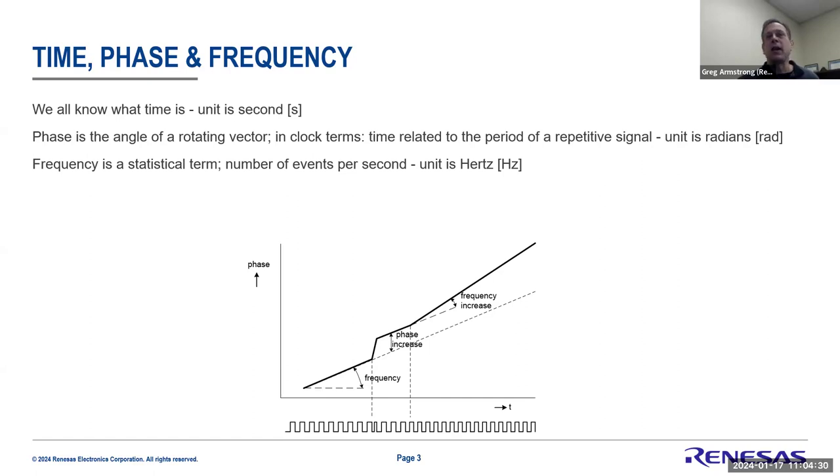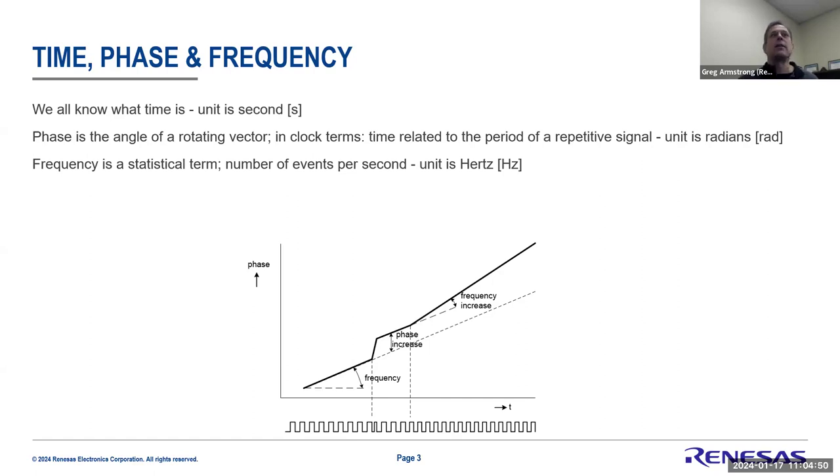So for clocking, it would be how many rising edges occur in a second. So we talk about 10 megahertz clocks, or 1 hertz clocks, or 156.25 megahertz clocks. Those typically represent how often that clock edge repeats itself within a second.